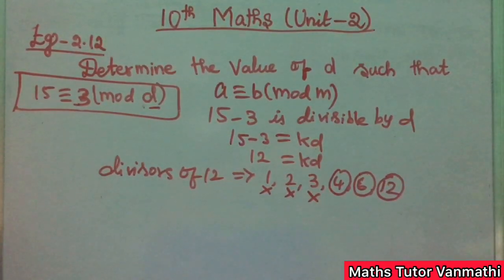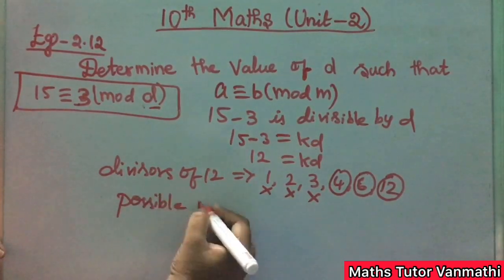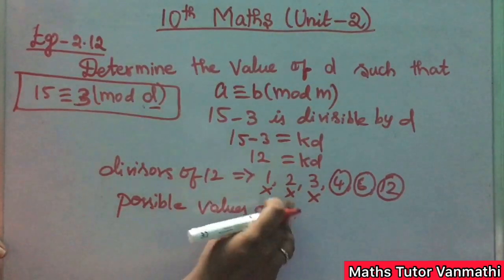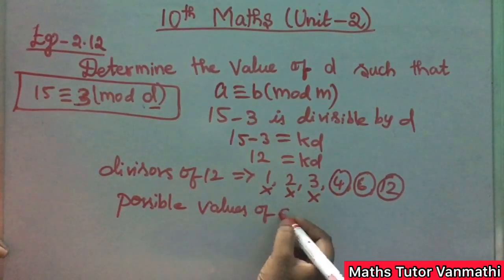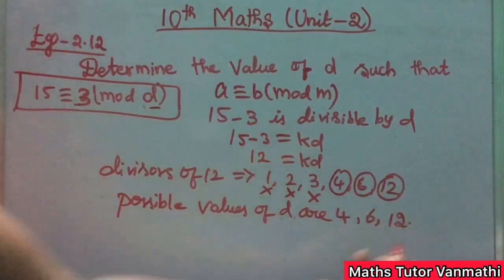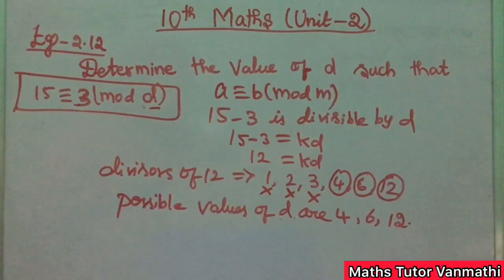So therefore the possible values of D are 4, 6 and 12. This is your final solution. Next we can move on to the next example.